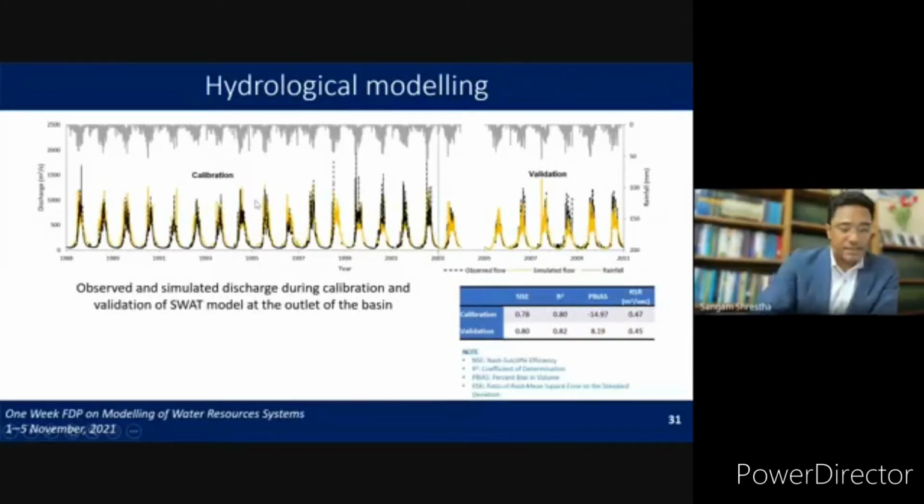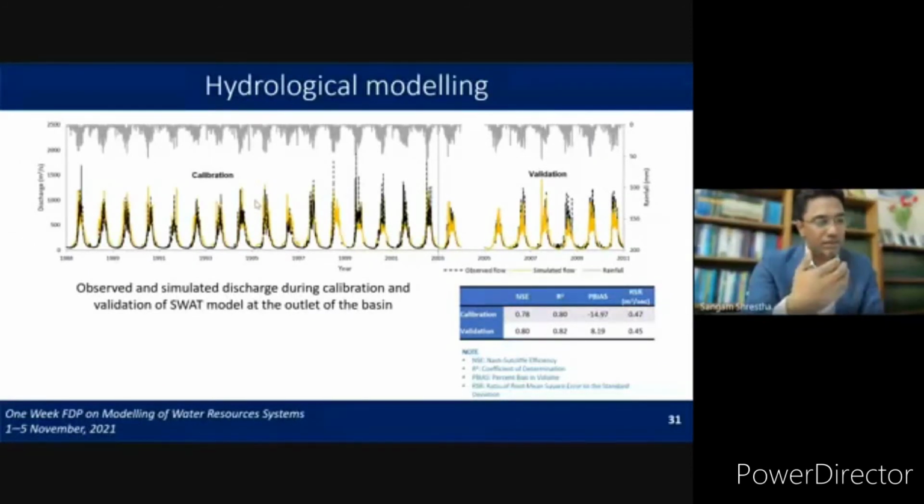It is quite matching. So it means that the SWAT model accurately simulates the hydrological processes in the river basin. The table here shows some of the statistical indicators to see the closeness between the simulated flow and observed flow during the calibration and validation.